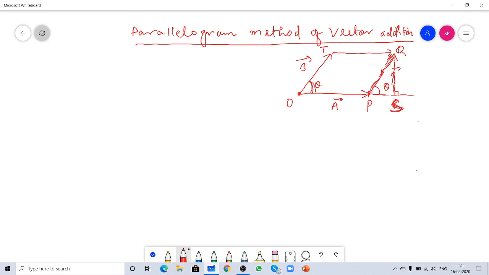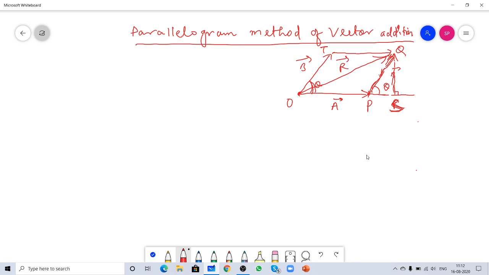Now I'll join the two diagonals, means from O to Q I'll draw one line. This is the diagonal of this parallelogram, and I'll put the direction towards Q. So this will be the resultant. Why is this the resultant?